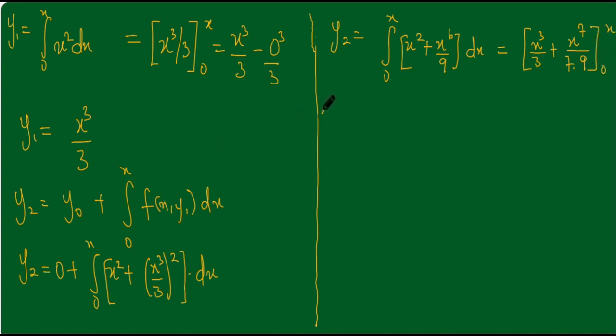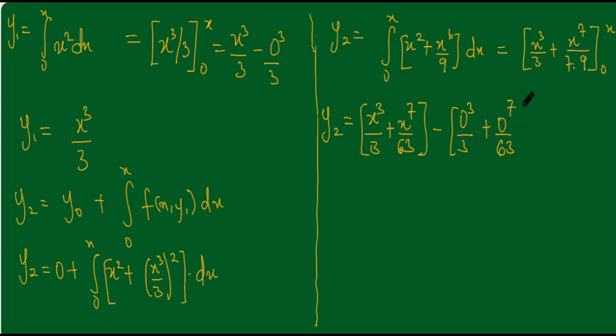Now, on applying the limits, we get x cubed all over 3 plus x raised to power 7 all over 63 minus 0 raised to power 3 divided by 3 plus 0 raised to power 7 divided by 63.